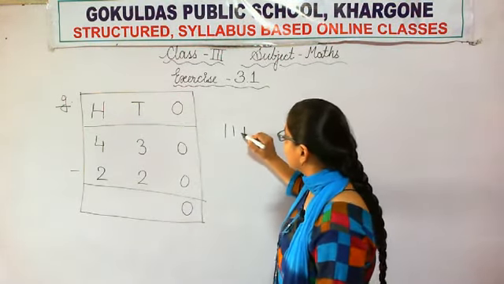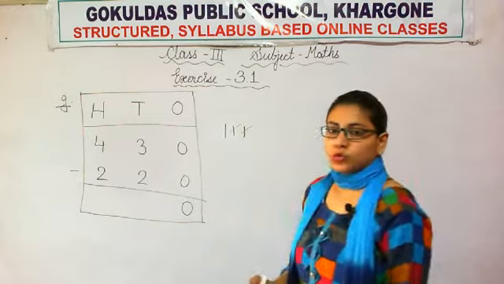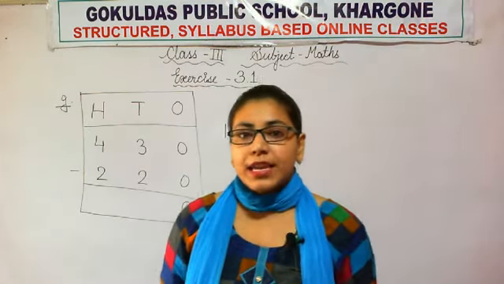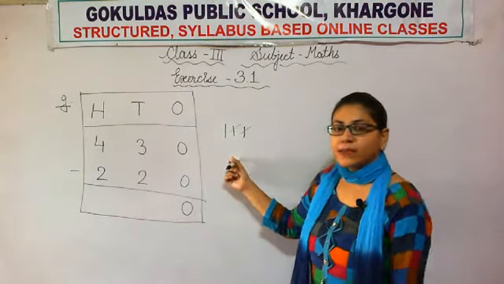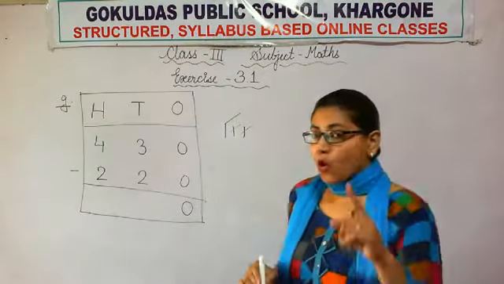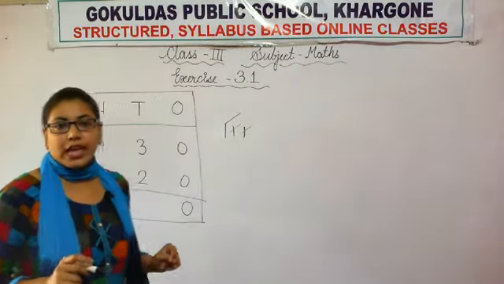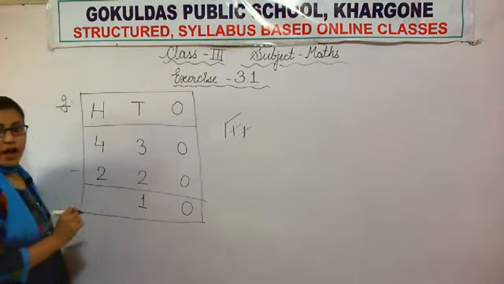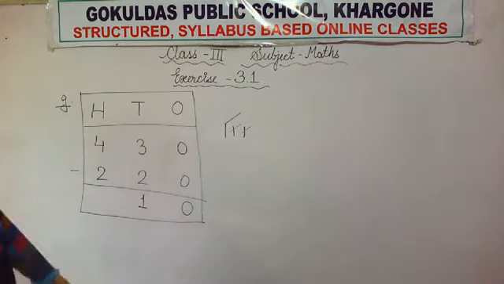Let us cancel 1 and 2. Now, we will count the remaining sticks. Only one stick is left. So, we will write the number 1.